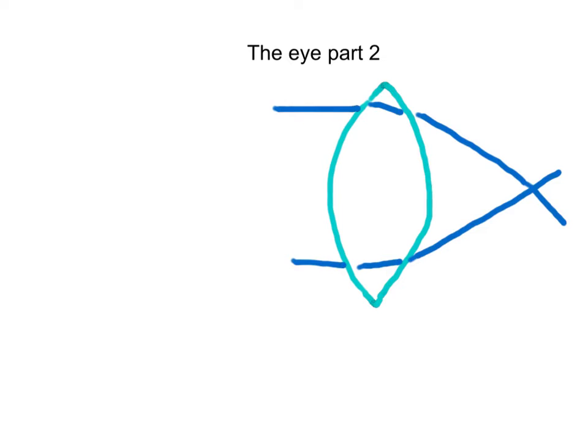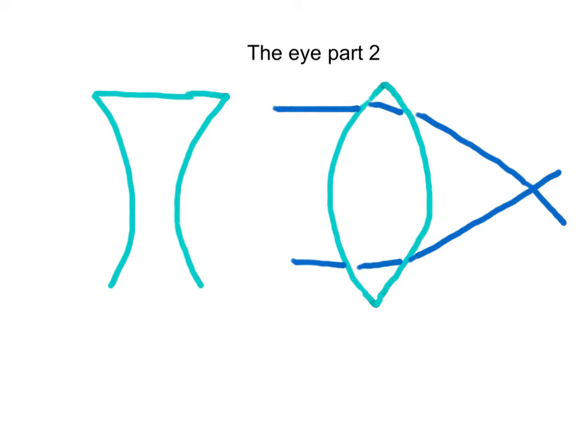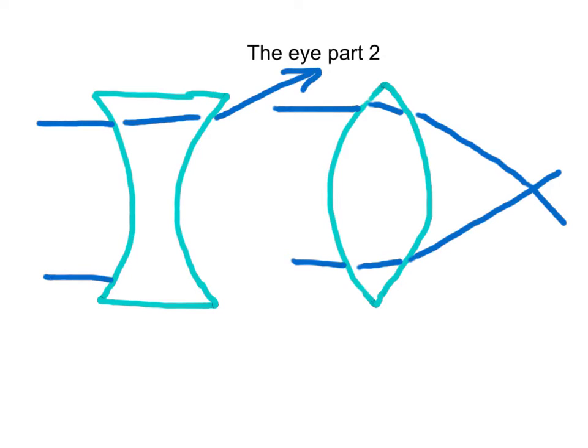When we have a concave lens, I'll just draw a concave lens here. A concave lens diverges light. So light that comes in refracts like this, refracts out, and diverges light.